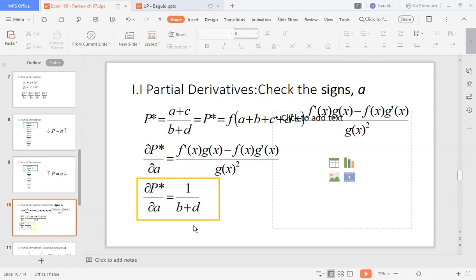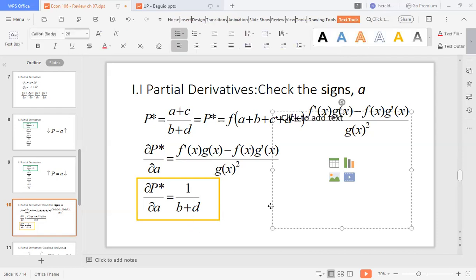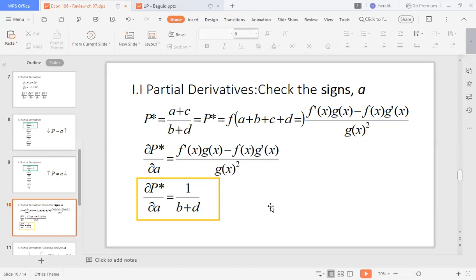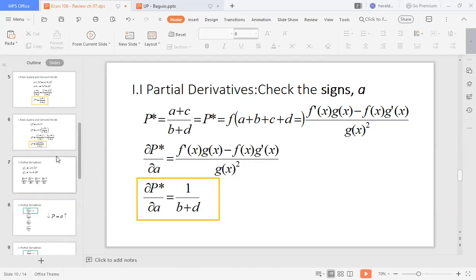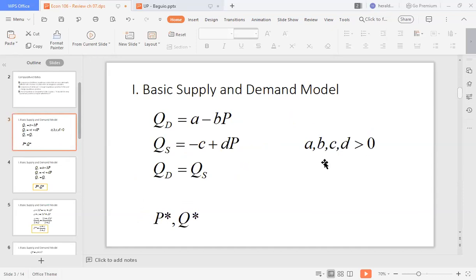Now, how would we know again the signs? We go back to the assumptions that we have made with our models. Okay, so when we go back here, class, we know that the standard assumption is that all are positive. So A is positive, B, C, and D, they're all positive.